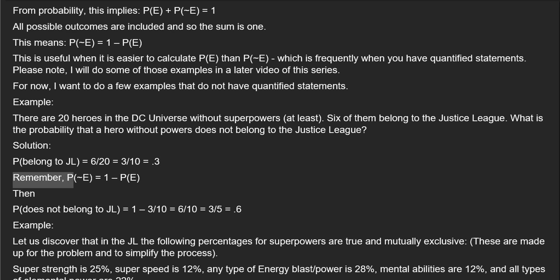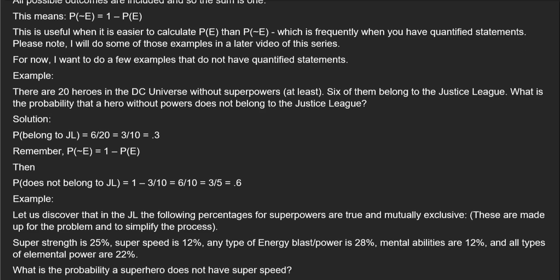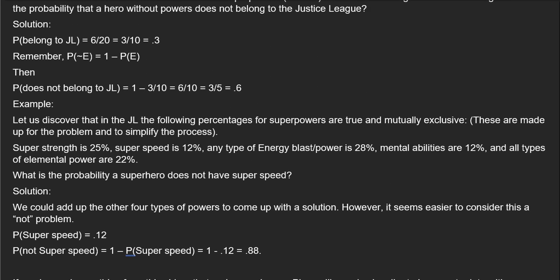Now remember, the probability of not E is equal to 1 minus the probability of E. So not belonging to the Justice League is going to be equal to 1 minus 3/10, which is 7/10. And because we only have the probability of belonging to the Justice League, this is probably the best way of doing this.